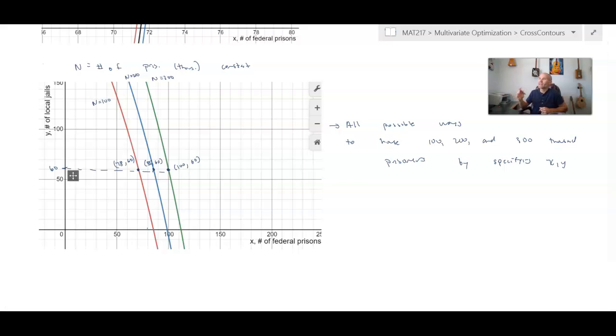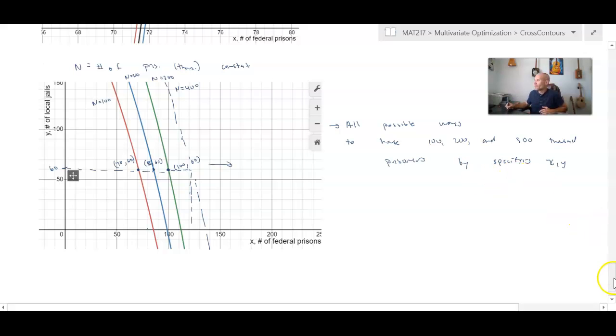So every time we increase the number of prisoners, our next level curve will be maybe more like this for 400,000, because now for the same number of local jails, I would actually need more federal prisons to give a home to, say, n equals 400,000 prisoners. And all of these level curves are just going to keep moving that way as I increase the number of prisoners that I have available.